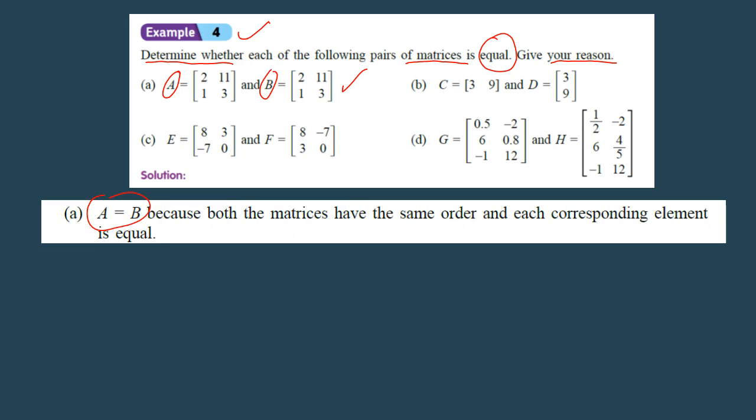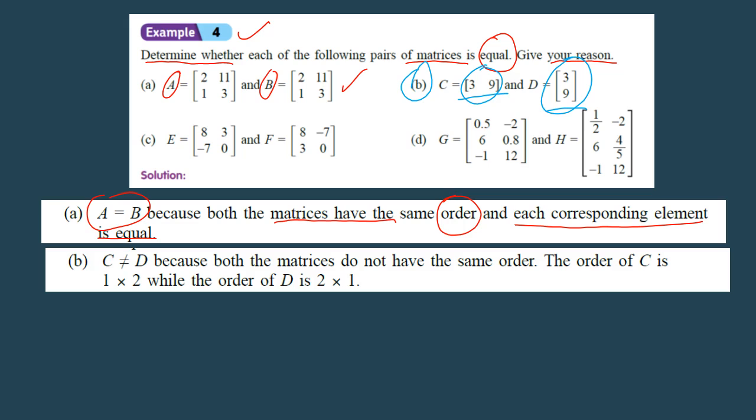Because both matrices have the same order and each corresponding element is equal. Okay, so A is done. For B, what do you think? Is it the same? Oh, of course not, because it is not the same order, and the corresponding elements are also not equal, right?